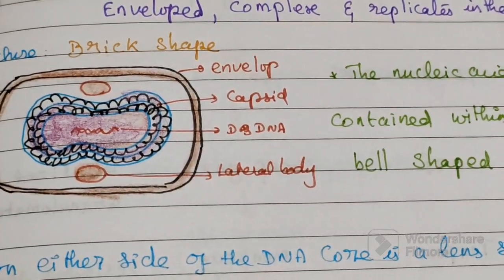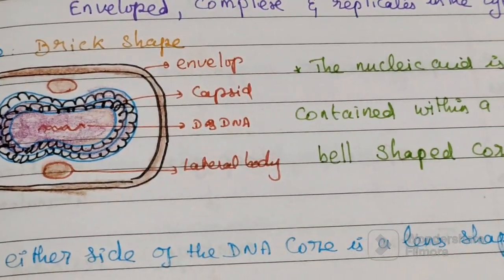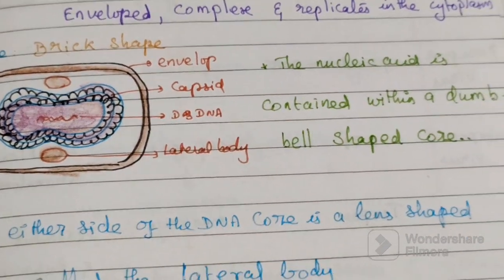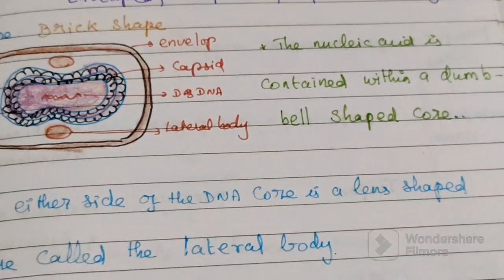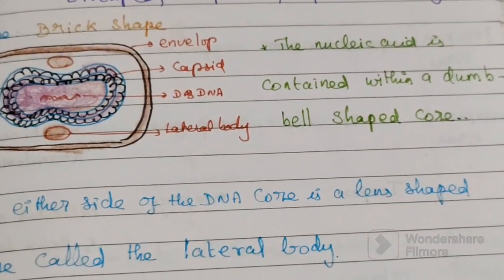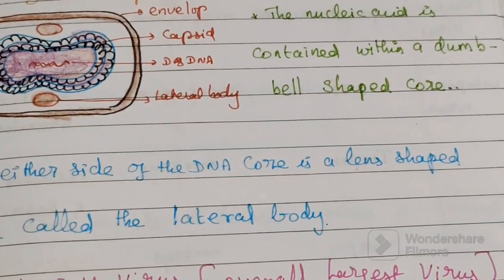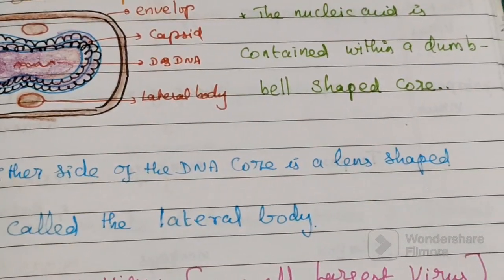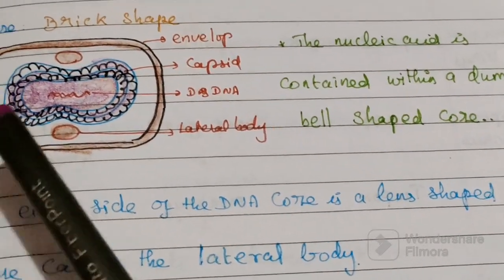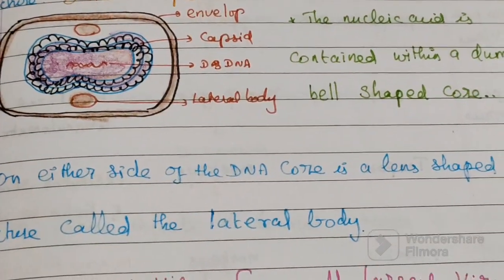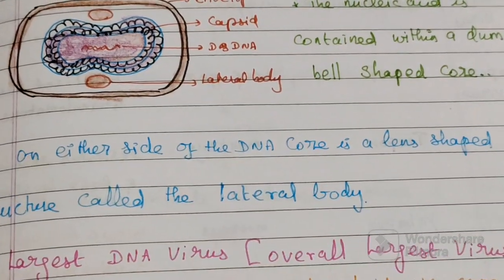It belongs to the family Poxviridae. So the nucleic acid is contained within a dumbbell shaped core, and on either side of the DNA core is a lens shaped structure called the lateral body.